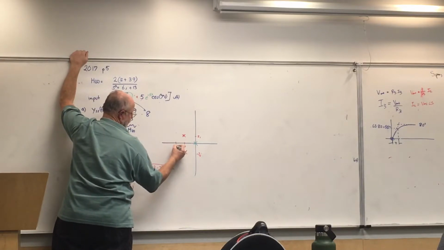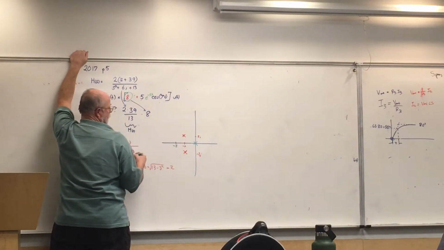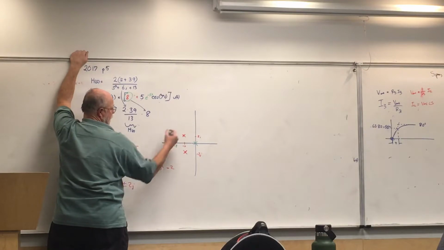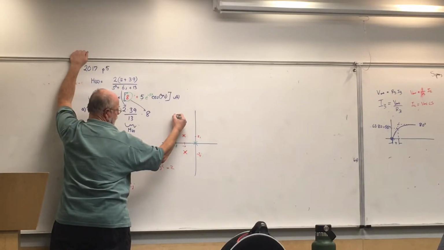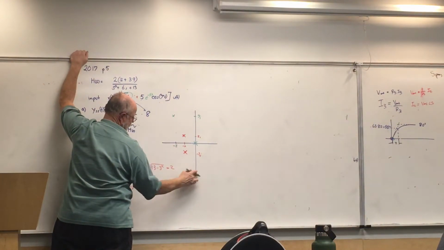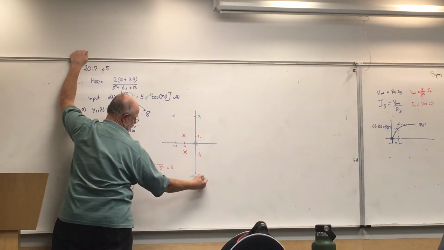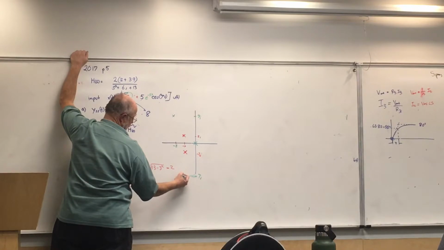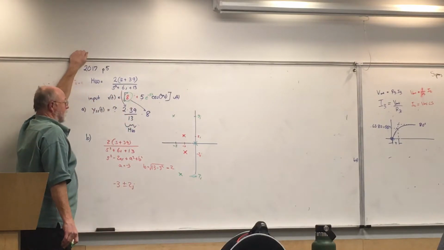Negative 5, plus or minus 7j. Oh, that's easier. It's easier if you know what you're doing. What's going on here?